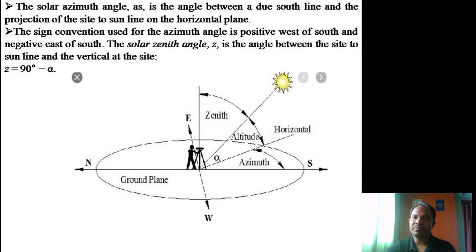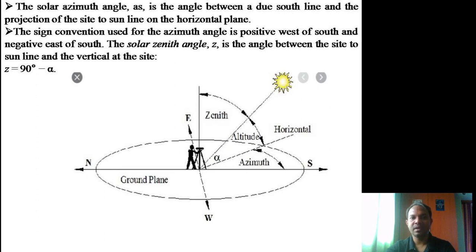When the same angle falls between south and east of south, we consider it negative. To remember this simply, when it falls on the east of south side, we consider it negative, and when it is on the west of south part, we call it a positive azimuth angle.